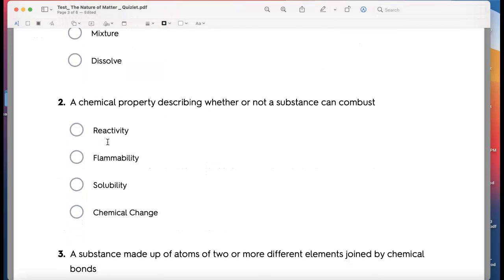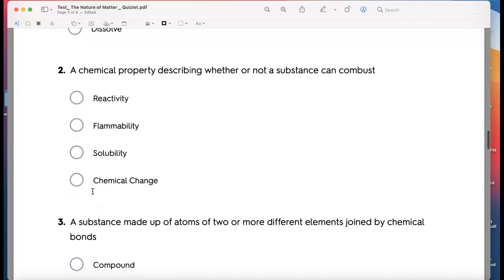Number 2. A chemical property describing whether or not a substance can combust. Guys, combust means to like burst into flames. Is it reactivity, flammability, solubility, or chemical change? Whichever one you think it is, just color in the circle, please.